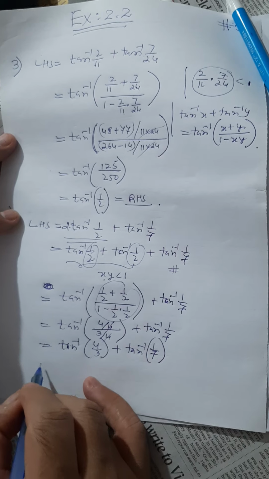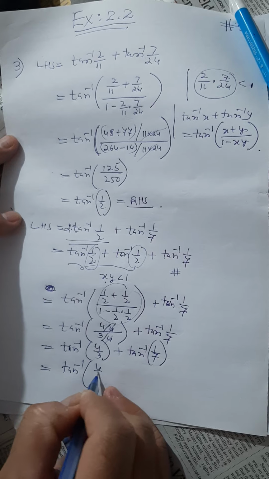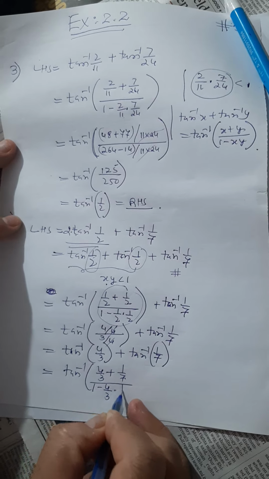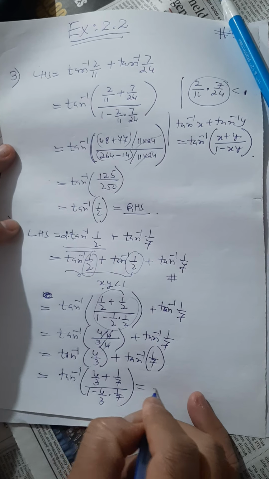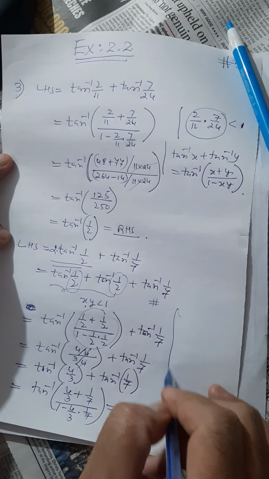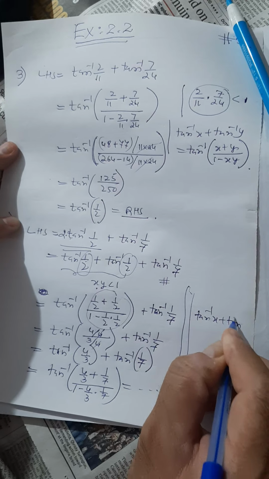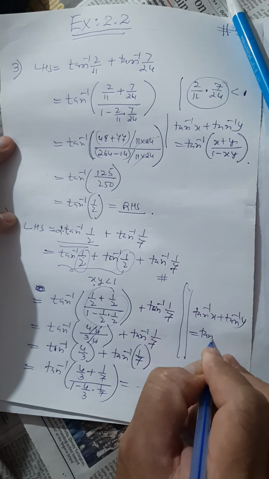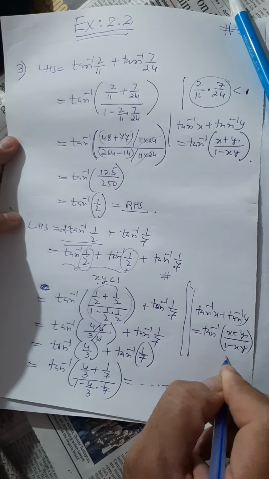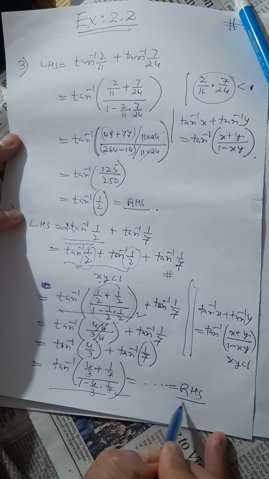Now again use the same result here, that is tan inverse of (4 by 3 plus 1 by 7) upon (1 minus 4 by 3 into 1 by 7), and you simplify this, you will get exactly the RHS. Right? So we have used tan inverse x plus tan inverse y equals tan inverse x plus y upon 1 minus xy. Here xy is less than 1, 2 times, one over here and the other one over here, so we'll get the right hand side.